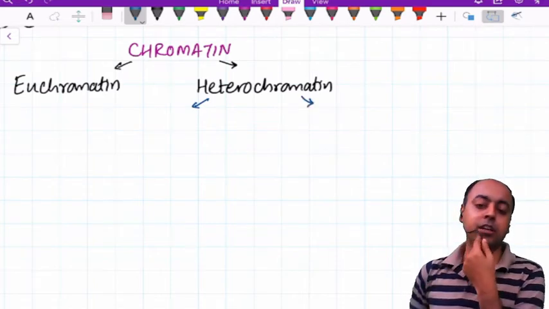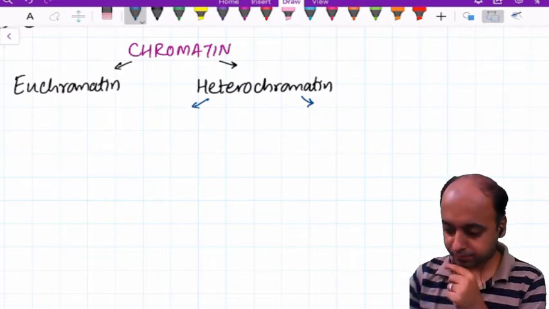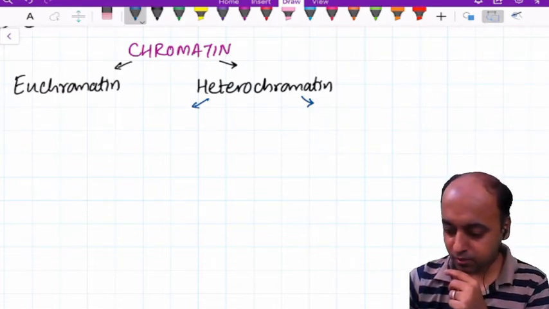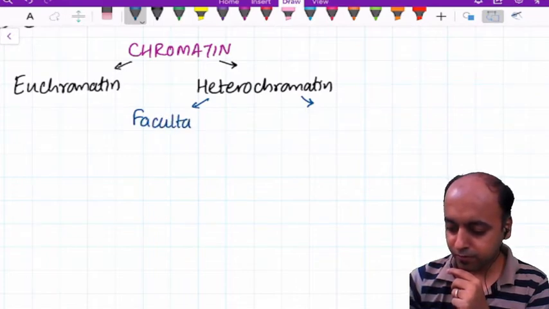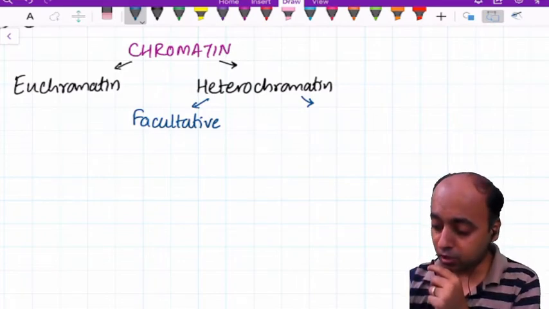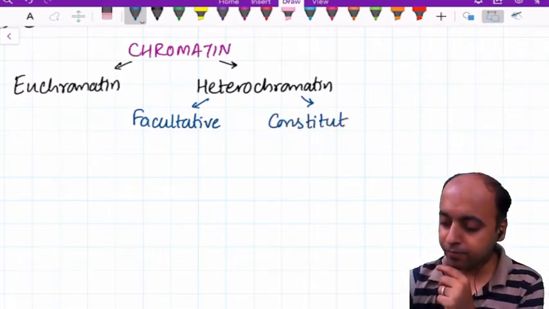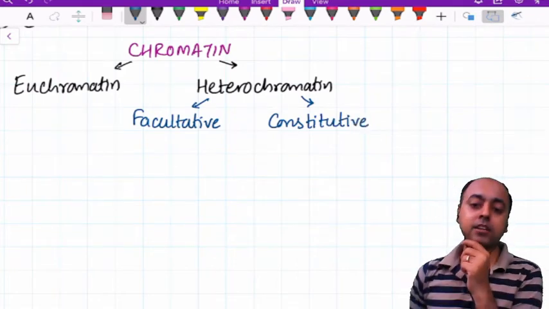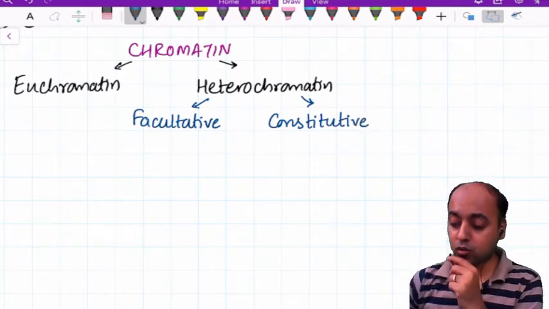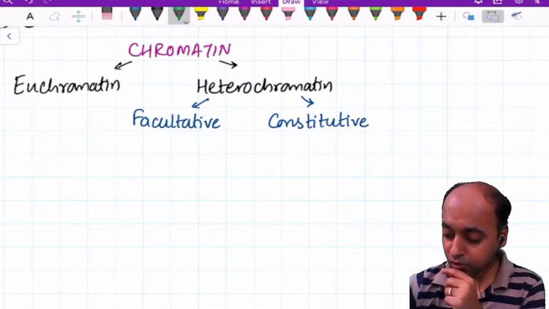The heterochromatin in turn can be of two types. We can have the facultative heterochromatin and we have the constitutive heterochromatin.